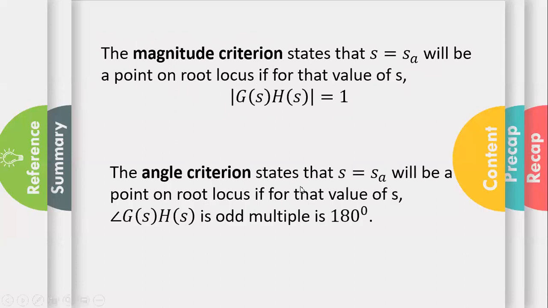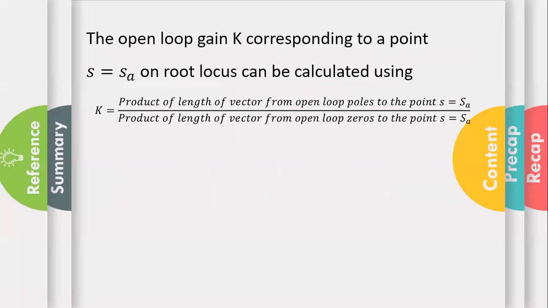The angle criteria states that s is equal to sa, any arbitrary point, will be a point on the root locus if for that value of s, the angle of g of s h of s is an odd multiple of 180 degrees, that is, plus or minus 180 degrees into 2q plus 1, where q varies from 0 to some value.